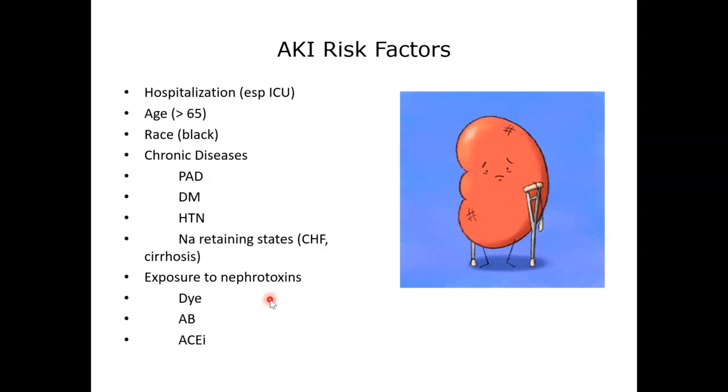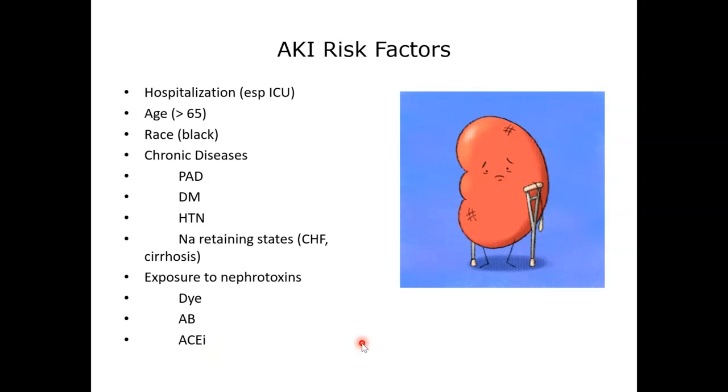So a couple things to know on the outside looking in as far as ACE inhibitors. When somebody's on an ACE inhibitor and their creatinine starts getting greater than 3, that's an indication that this ACE inhibitor is going to cause this person a lot more harm than good. Up until then, it's very healthy for the kidneys, but there's things that are just going to occur, like nephrotoxicity or whatever it is. And once the creatinine gets 3, we hold ACE inhibitors because they're only going to contribute to the renal disease.